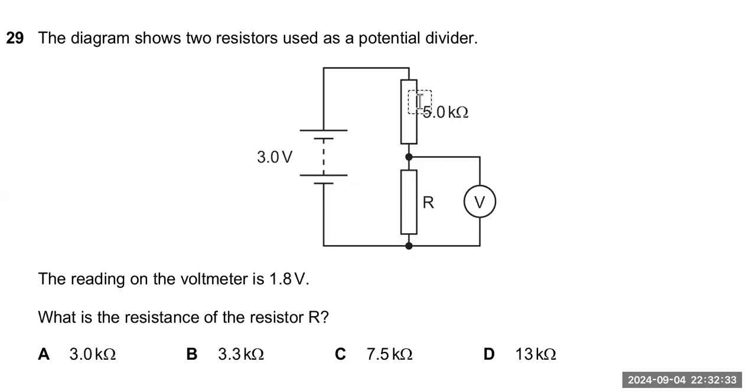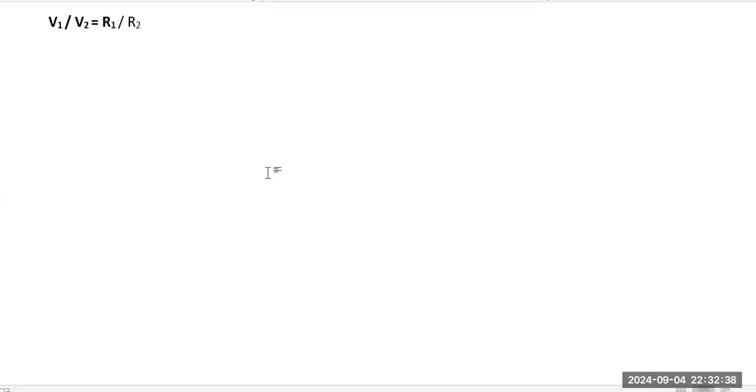The potential difference across the R1 resistor, I have given you the hint. The hint is that 3 volt minus 1.8 volt, you will get 1.2 volt. This is the value of V1.